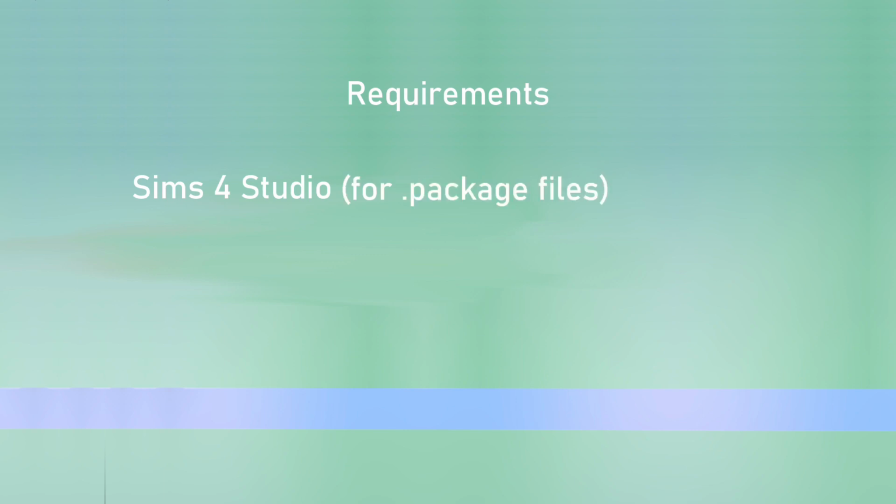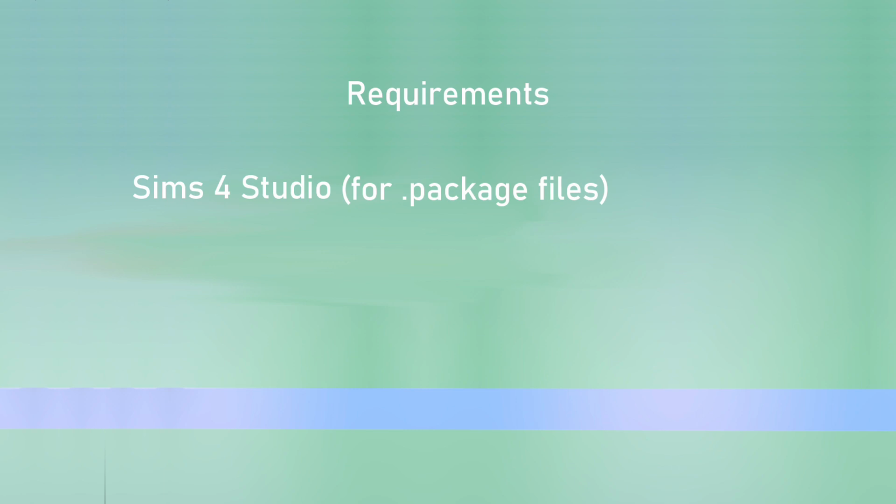Requirements, aka the software that you'll need to follow this tutorial. First, the Sims 4 Studio. This one allows you to create .package files, which are really files that will go into your game.